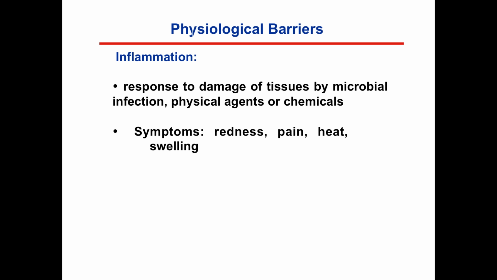So in these physiological barriers, inflammation is the primary response to the damage of tissues by microbial infections and physical agents or chemicals. Symptoms, of course, are redness, pain, heat, and swelling in those areas. Really, the whole point is to contain the bacterial infection in that area. So that's one reason you have swelling and heat, to provide an increase in heat.